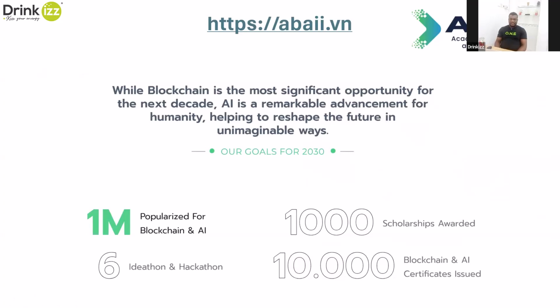They have 1,000 scholarship awards, 6 ideathons and hackathons. I can guess these are big events to share innovative projects. So maybe Drinkizz could be a candidate and apply for an ideathon or hackathon with this AI company. And also 10,000 blockchain and AI certificates issued. I can guess they want to give a sort of diploma in this field of AI and blockchain.